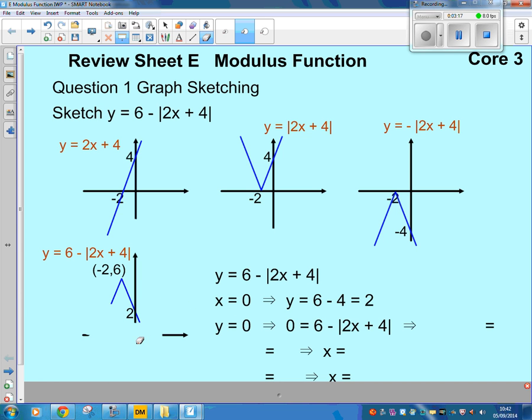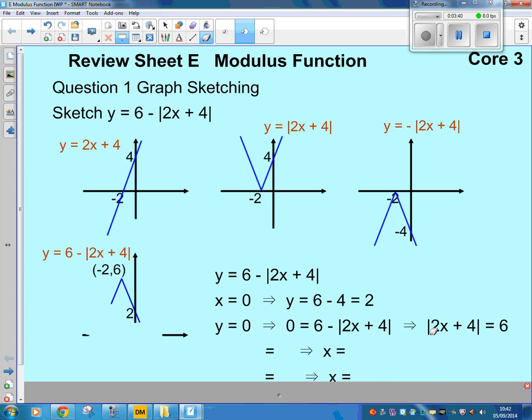But we also need to go, where's it cutting here and here? Now that's where it cuts the x-axis, where y is 0. That means that 0 must equal 6 minus the modulus of 2x plus 4. So the modulus of 2x plus 4 is equal to 6. Just moving that across to the other side. Now, here you want two things.